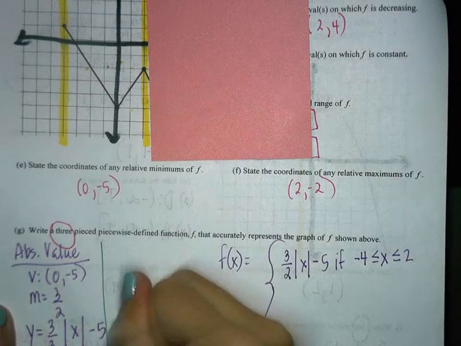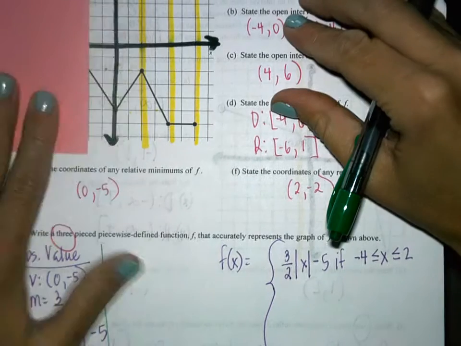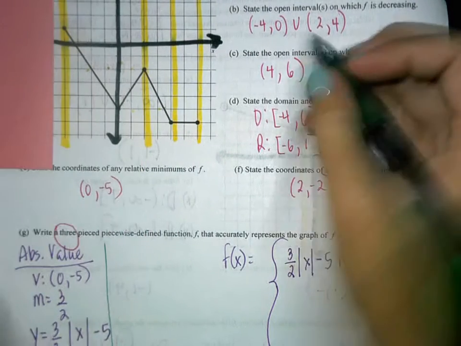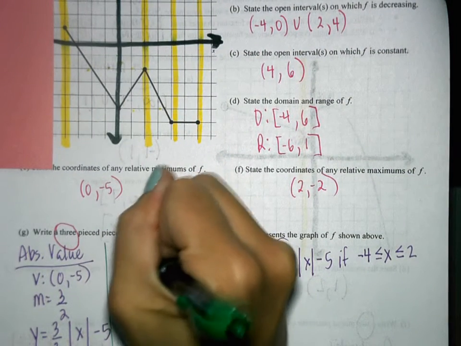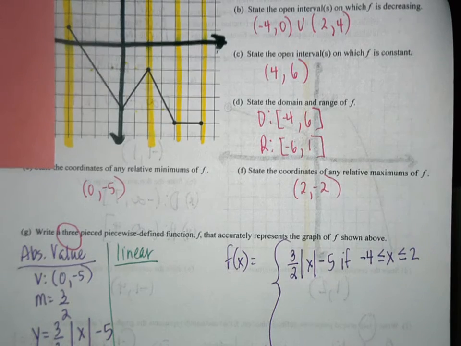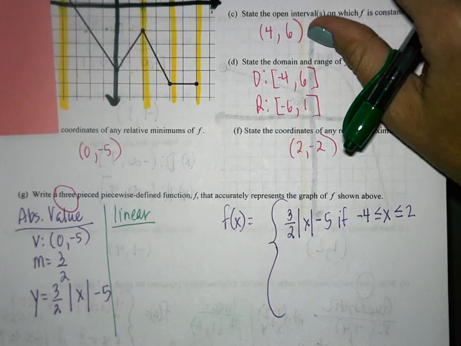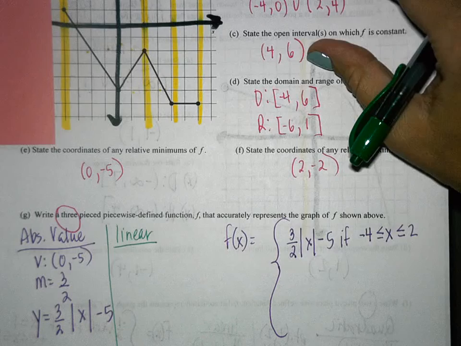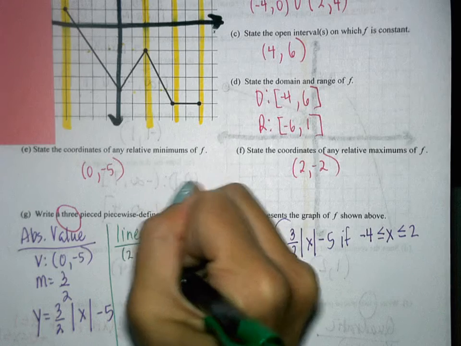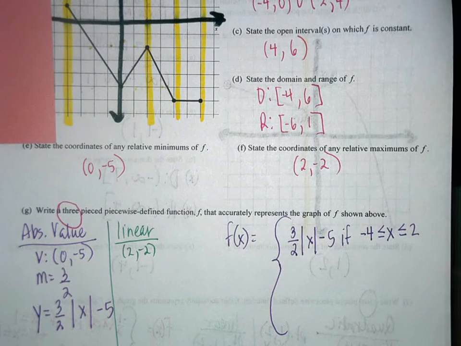So I'm going to move this over here. My next function here, what is that? Linear. Very good. So we have a linear function. With our linear functions, I also like to start with a point. And so what would be one point I could start with? Good, 2, -2. Also for my linear functions, can I use my slope? Yes.